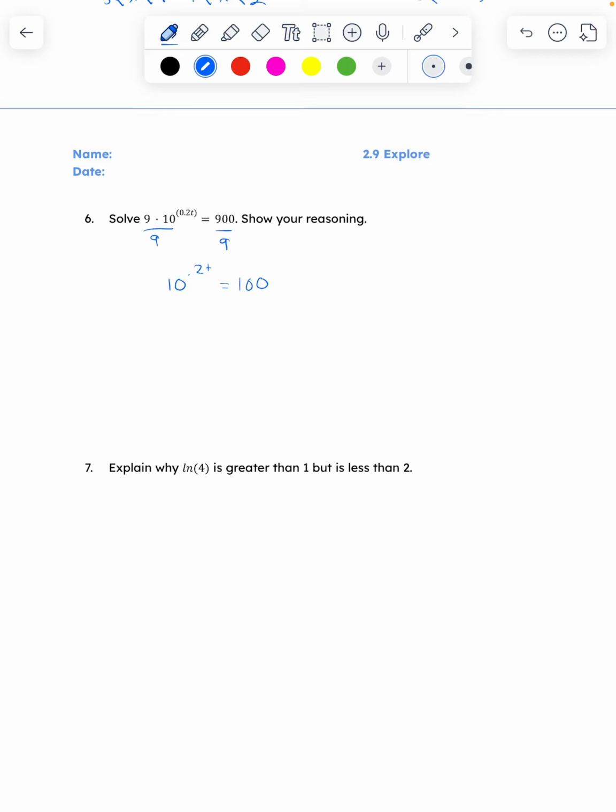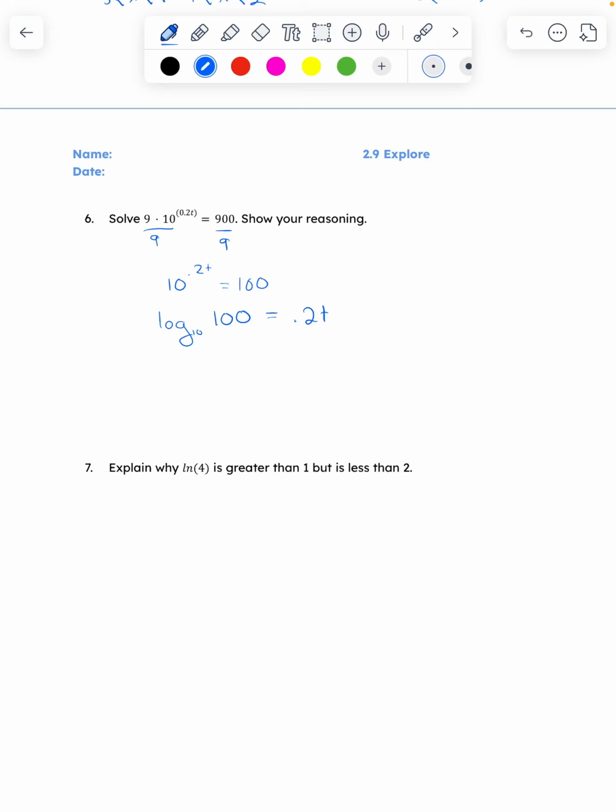Now, if I want to be super formal, at this point I can write log base 10. I don't really have to write it because my common log, when I just write log, is a base of 10. But for today, just so it's super clear, I'm going to write it. So log with a base 10 of 100 equals 0.2t.